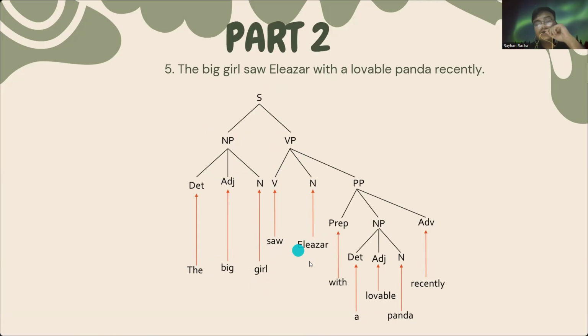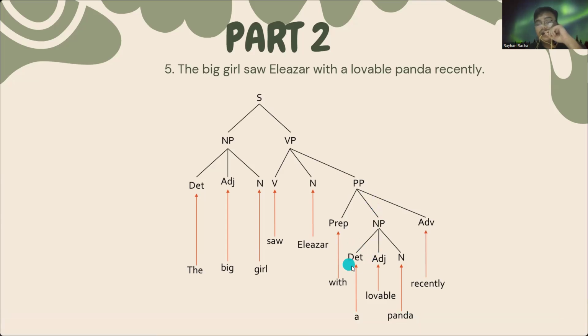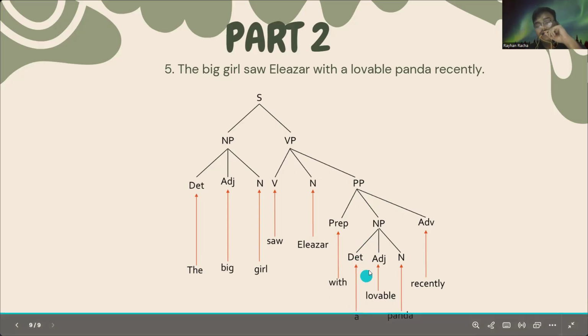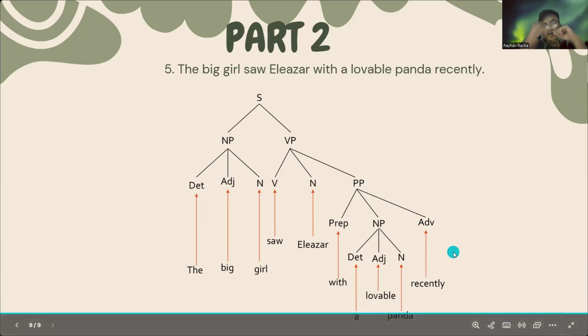So it counts as a noun and also a prepositional phrase that we can also divide into a preposition by the word with, another noun phrase that we can divide into a determiner by the word a, an adjective by the word lovable, and another noun by the word panda. And the final one, we have an adverb, which was indicated by the word recently.